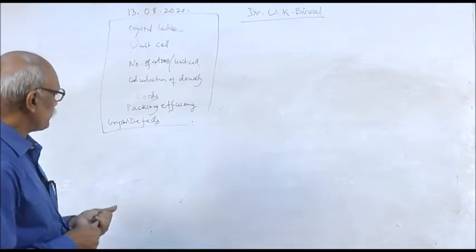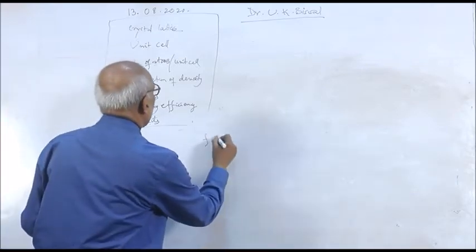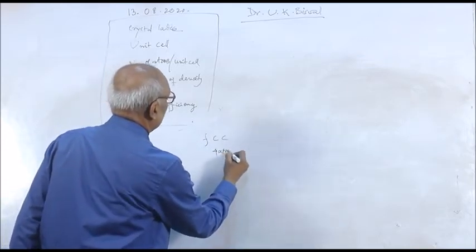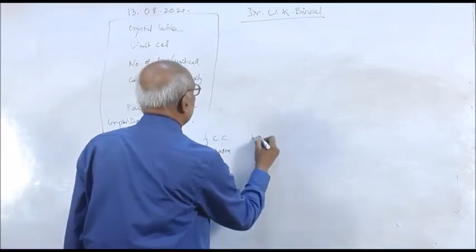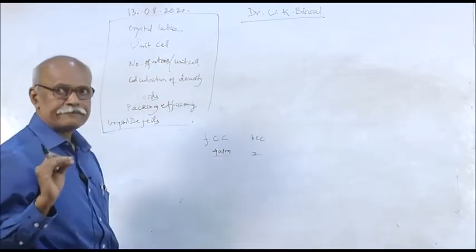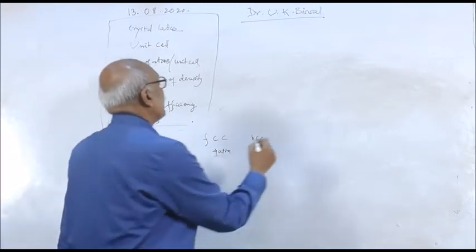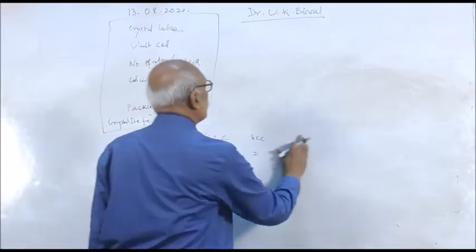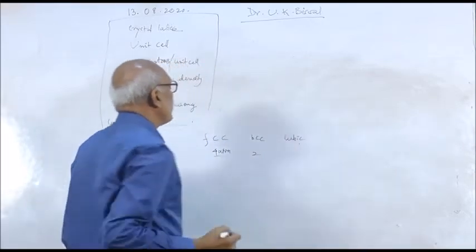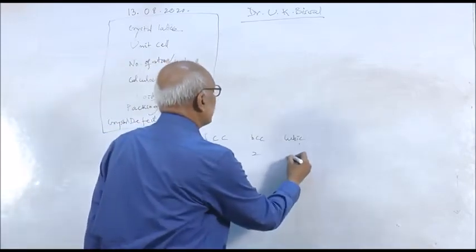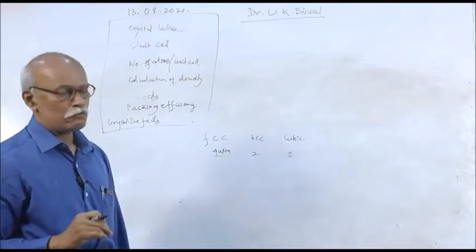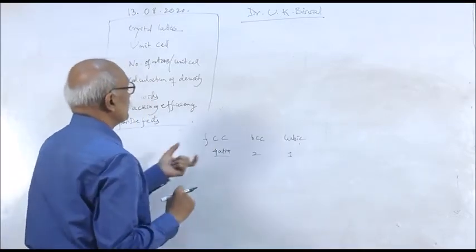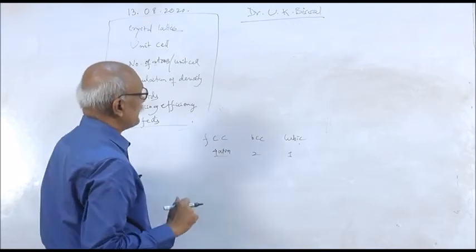Suppose in FCC, how many atoms are there? There are 4 atoms. In BCC, there are 2 atoms per unit cell. In the simple cubic unit cell, there is only 1 atom per cube, 8 into 1 by 8. From this you can imagine which has higher packing efficiency.